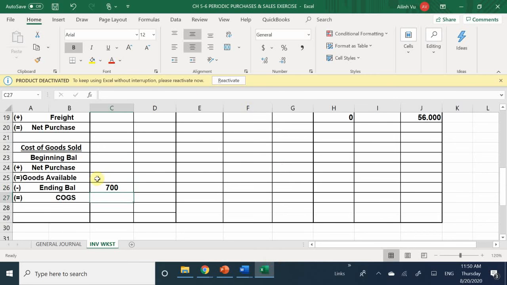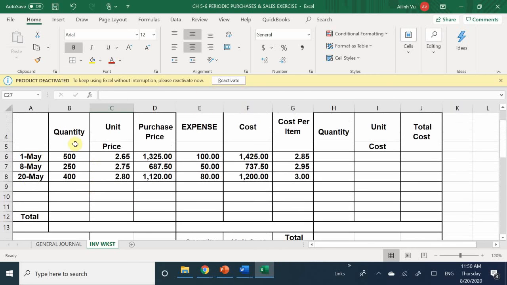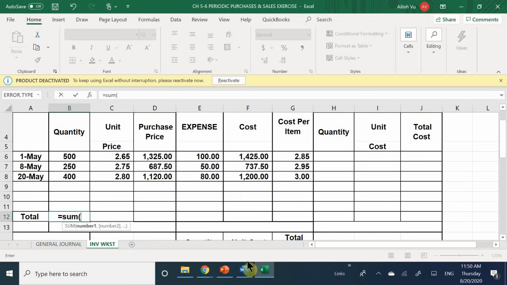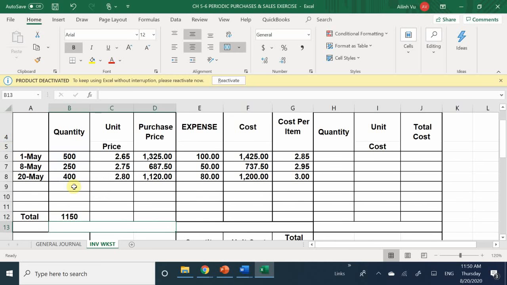Now let's go ahead and calculate our totals here. And what do we get? I get 1150. And then keep calculating the rest.